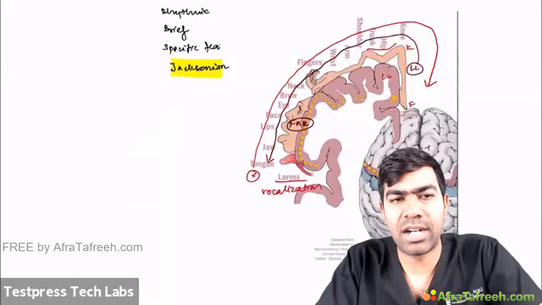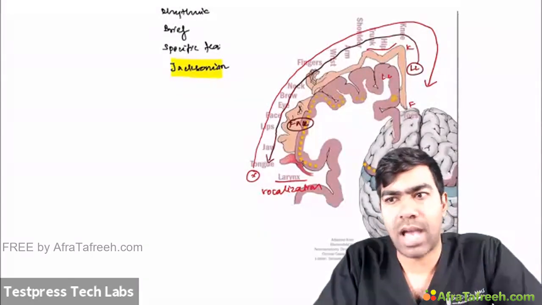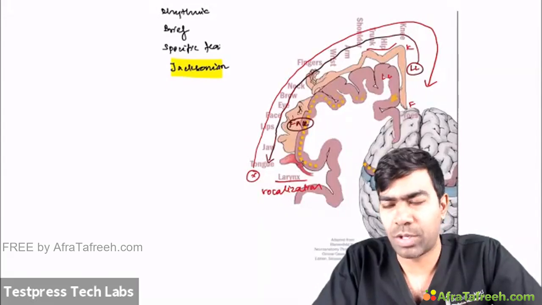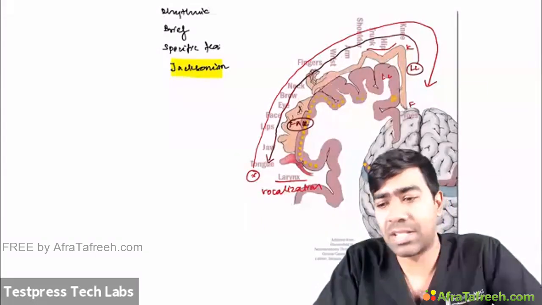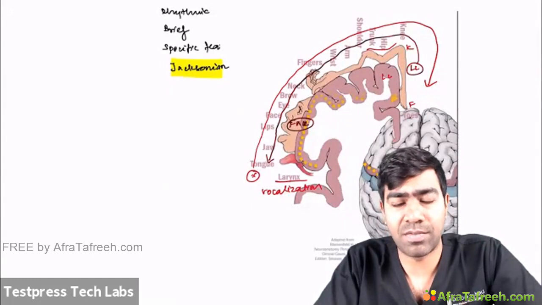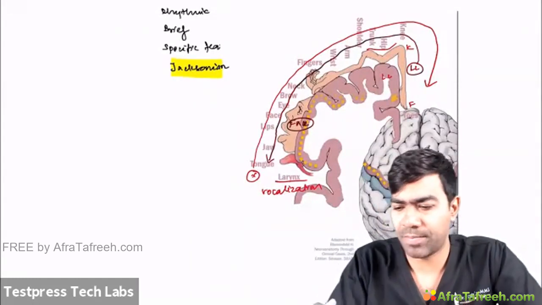And we have certain types of generalized seizures, for example absence seizure. That's very important to know because it happens in children. But many times absence seizure is confused with focal epilepsy and focal seizure.